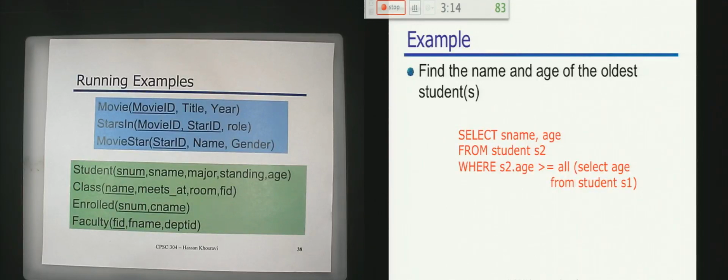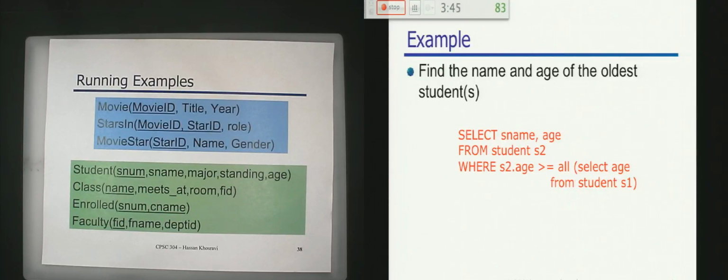Question. If I change bigger or equal to all to bigger than any, what would be returned? Okay. All the ages except, I guess, the lowest one.